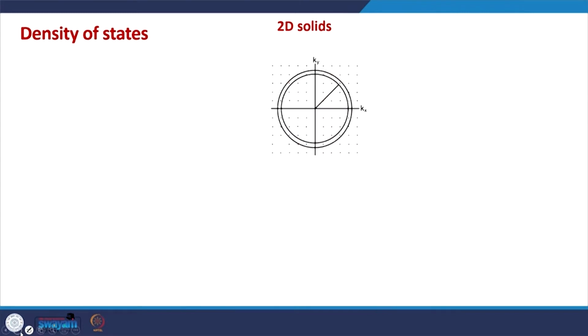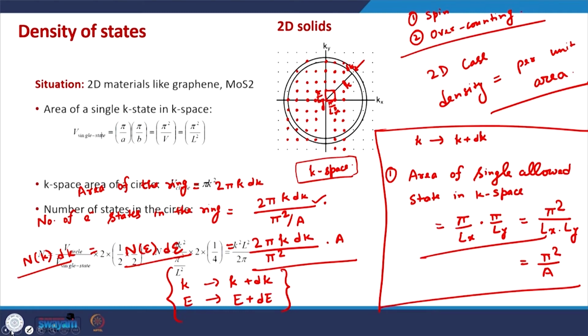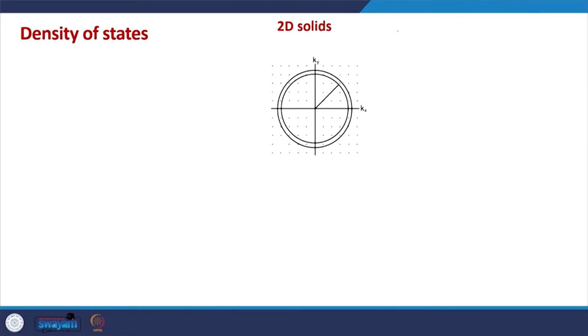So, the total number of electronic states is 2 pi k dk times A. So, Ne dE is 2 pi k dk divided by pi square times A.